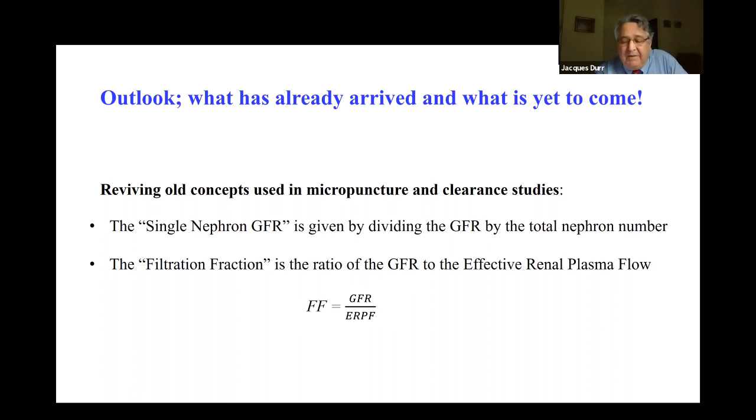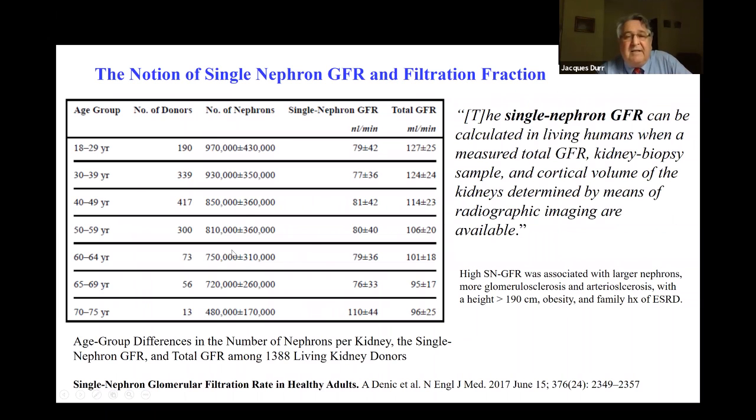We see people trying to find the functional degree of hyperfiltration in patients. For example, a recent study, or not too recent, but recent since I did the presentation, in the New England Journal. Glassock was involved in that study. They looked at donors and at single nephron GFR, since they had the ability, knowing the total GFR, the histology of the biopsy and so on.